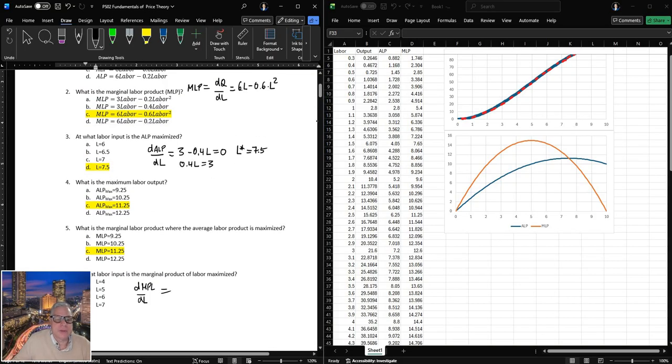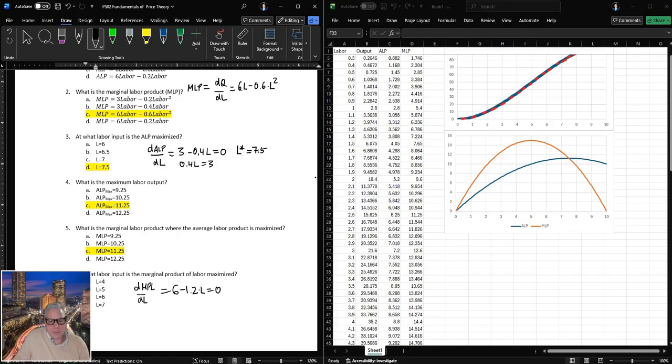Okay, so let's do it here. So the derivative of the marginal labor product, where it has its maximum, is 6 minus 0.2 times L, and that has to be again equal to 0.